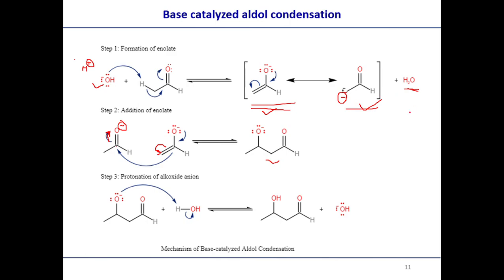As I told you, in starting material and product, the charge distribution should be the same. So OH minus will remain as it is in product formation, so it will donate again proton. This proton of water will be abstracted by this negative O minus, to become the corresponding aldol condensation product with OH minus. So you can compare the starting and product.